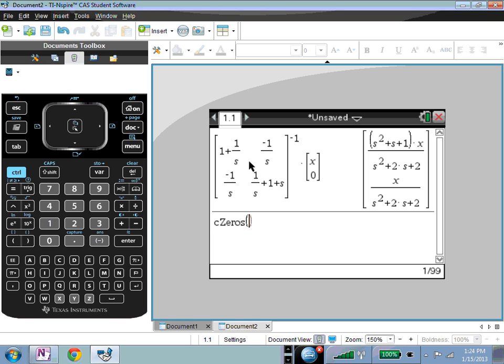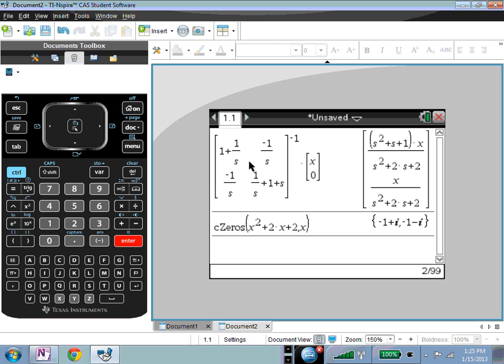It doesn't factor with real roots. Now I can say, what did I have? I had X squared plus 2X plus 2, as a function of X.